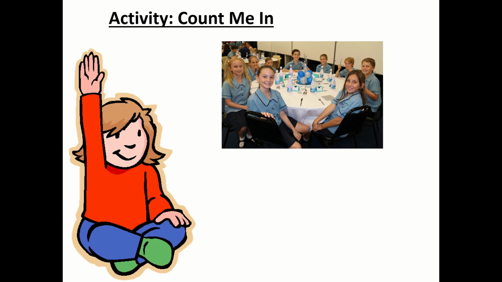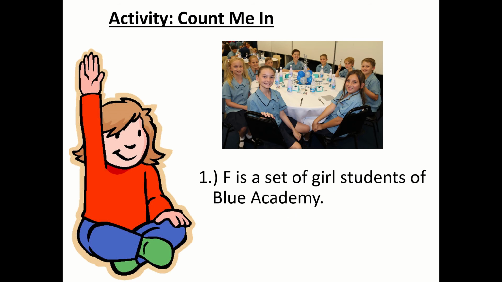Okay, let's continue with the next activity. The activity name is Count Me In. Number one, F is a set of girl students of Blue Academy. Let's say these are the people included in Blue Academy.